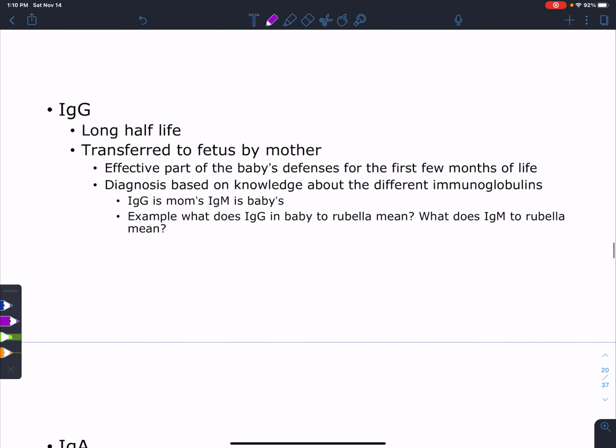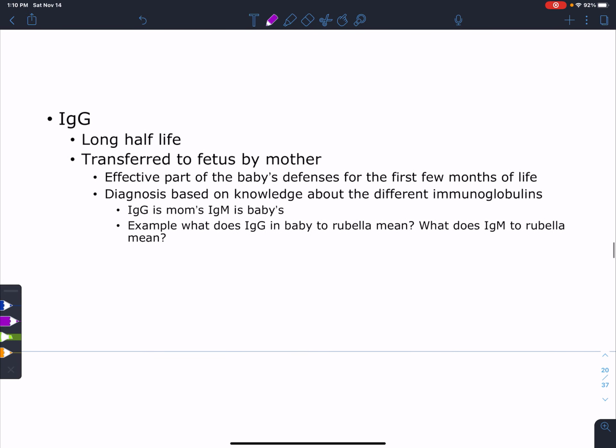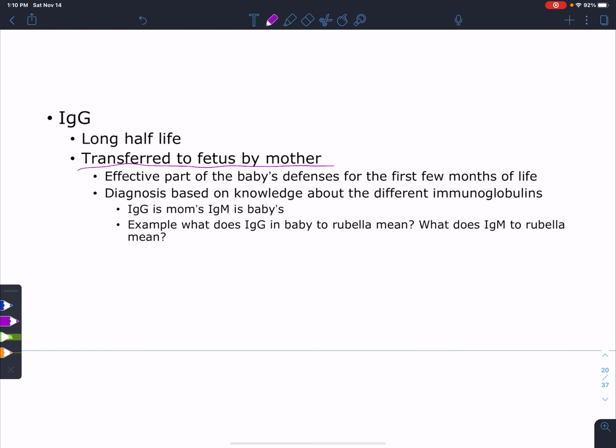Kind of fun. IgG does have a long half-life. This is one thing that's particularly very important, and you're going to get a lot of in blood bank. IgG crosses the placenta. So for good things and bad things. So it crosses the placenta, sharing immunity. The problem is when baby is different than mom, and mom actually forms that antibody that's against the baby.